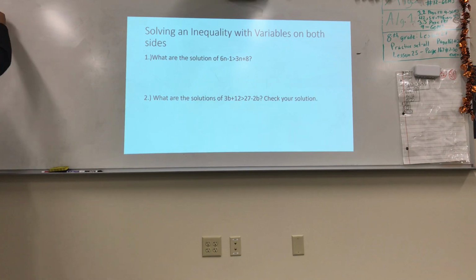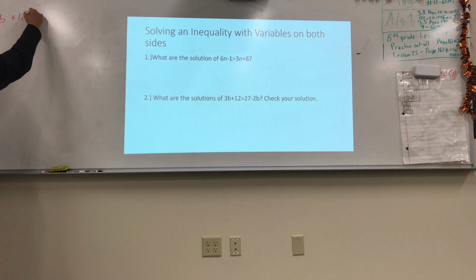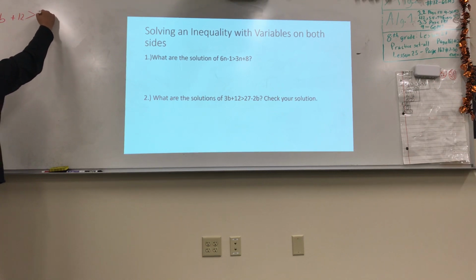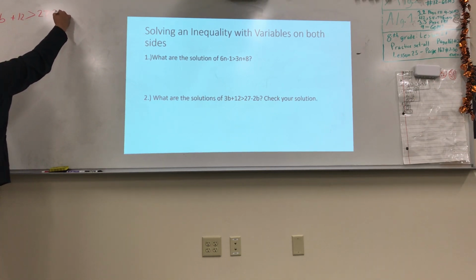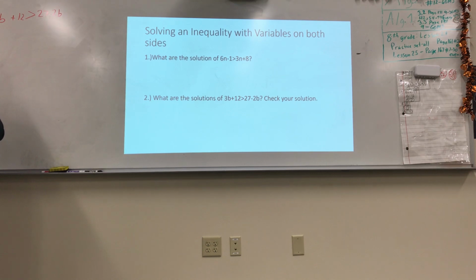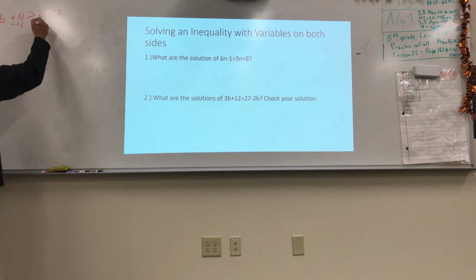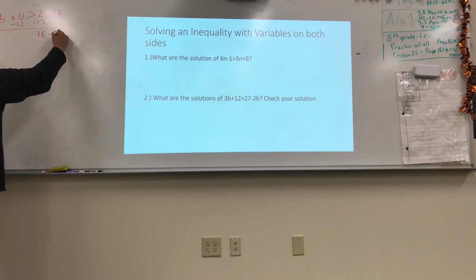We have 3b plus 12 is less than 27 minus 2b. I'm going to subtract 12, that should give me 15 over here, minus 2b.